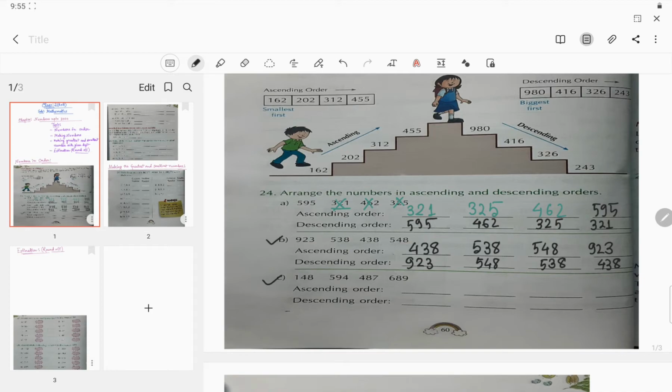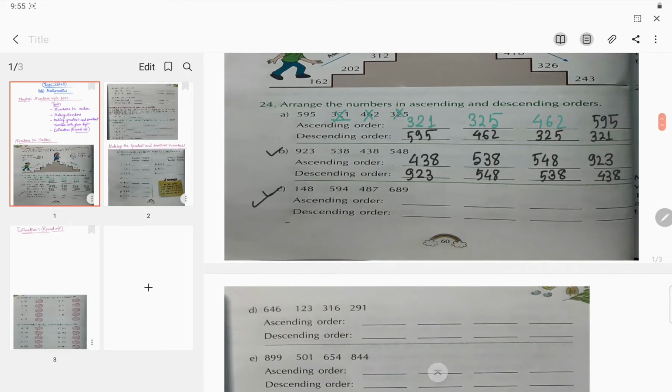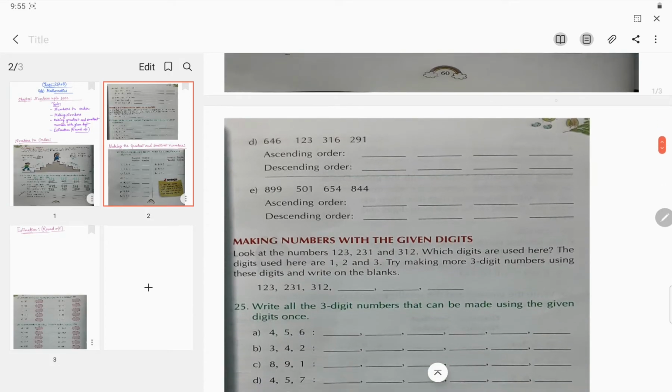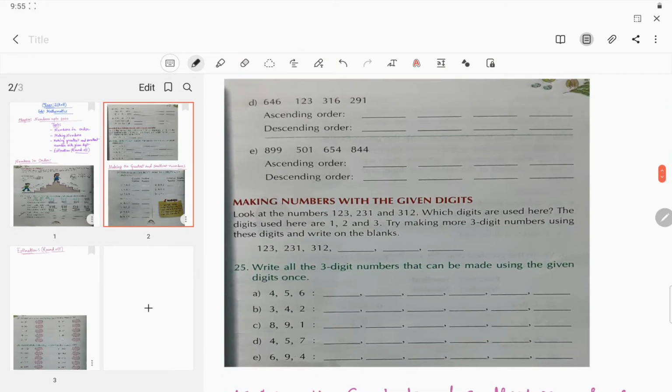Clear? So this is ascending order and descending order. So you can solve C number. Please do it in your book, try to understand at first what is ascending order and what is descending order. Then you can write. Now I'm going to the next page. D and E you also have to solve.